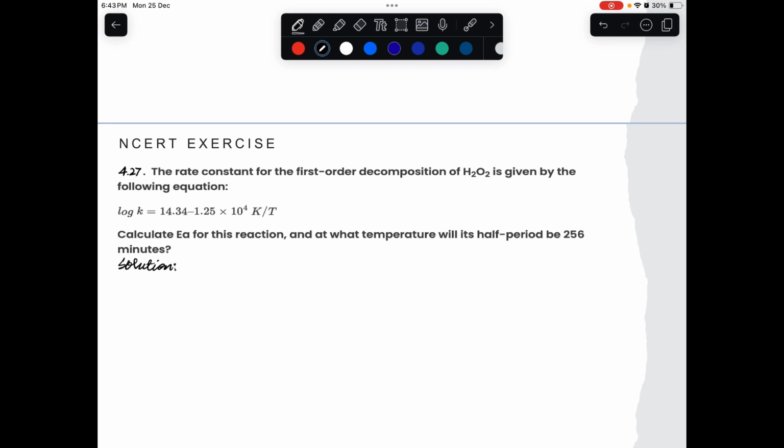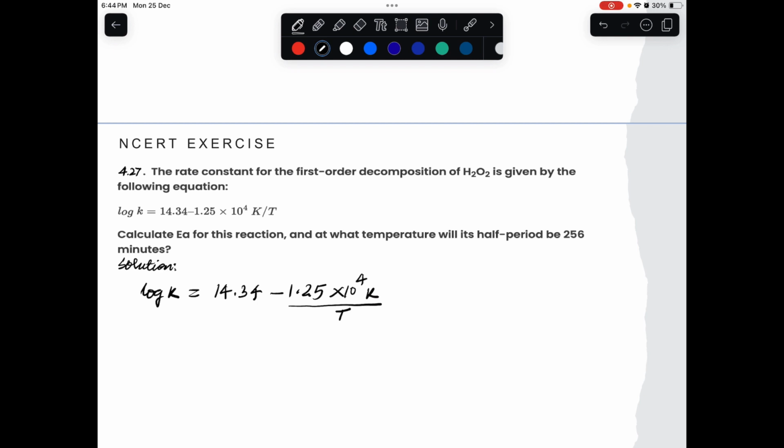Okay, so what is given to us in this equation is log K is equal to 14.34 minus 1.25 into 10 raised to the power 4 Kelvin divided by temperature. Okay, this is given to us.